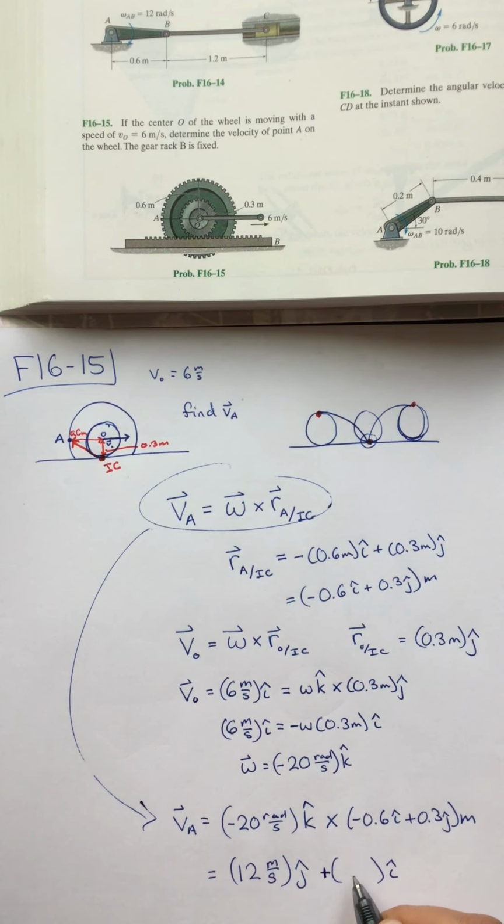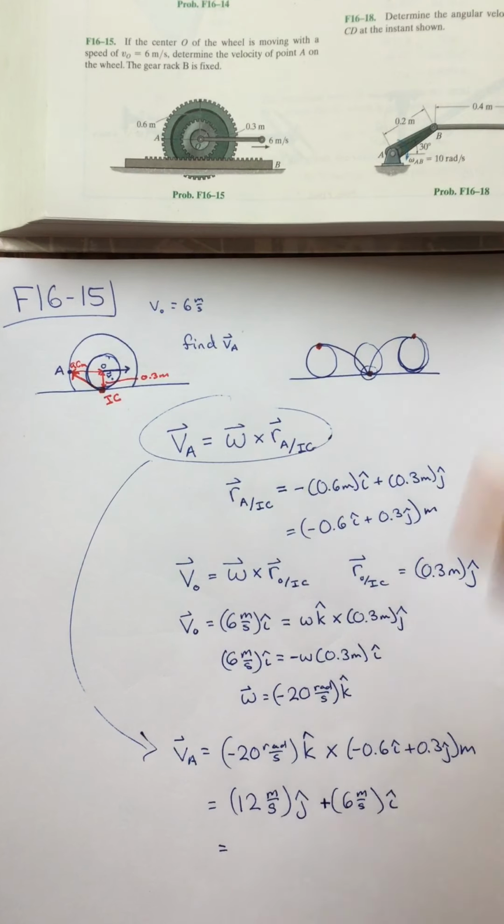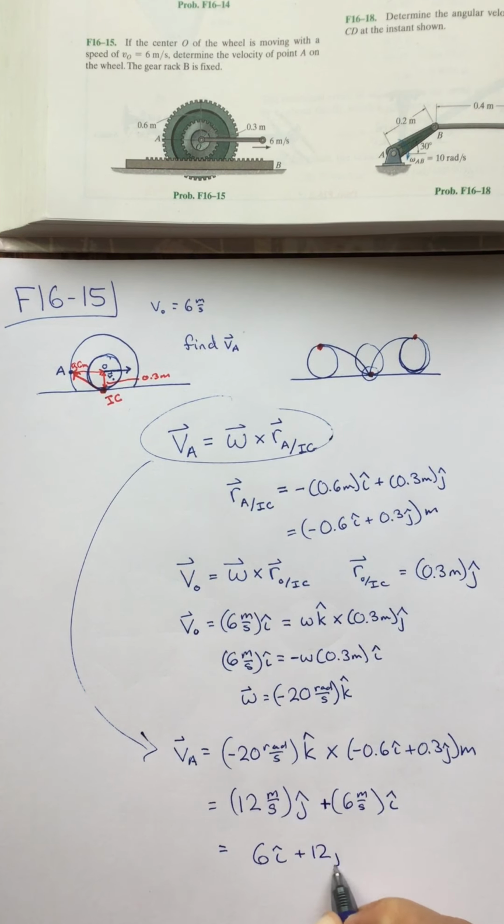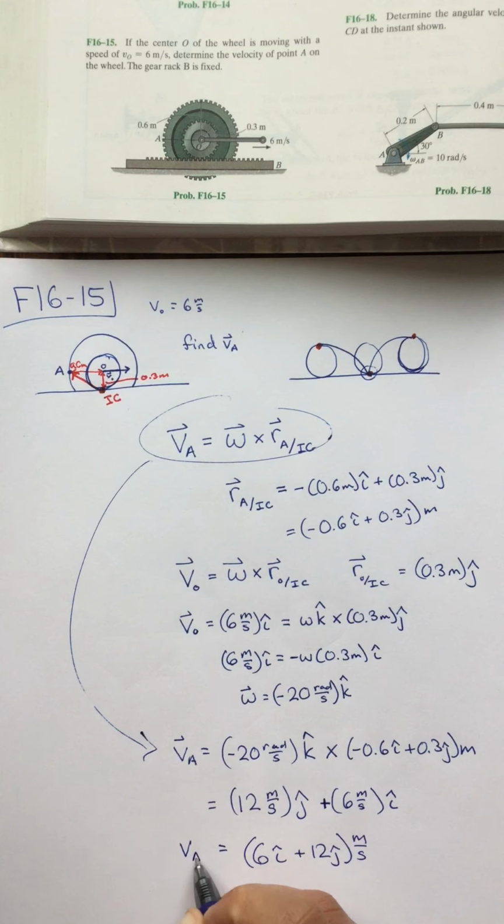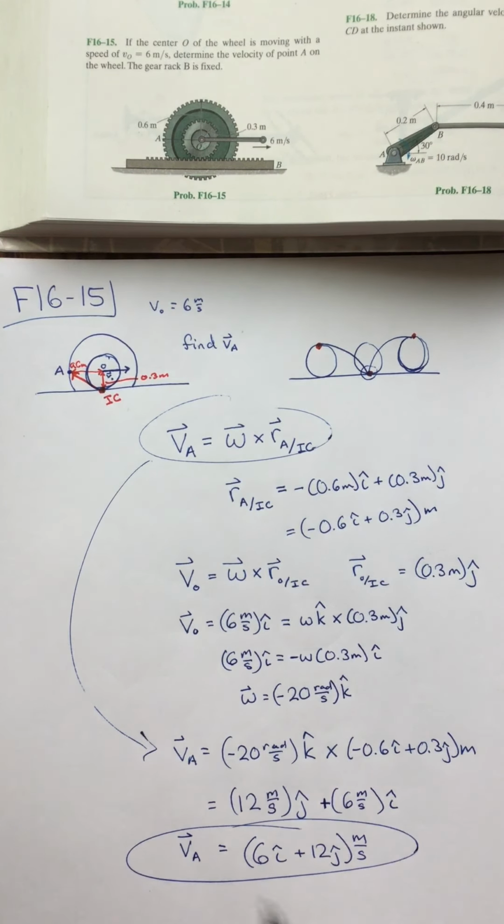So that makes this positive. 20 times 0.3 gives me 6, and this is meters per second. Let's write this as 6 I hat plus 12 j hat meters per second, and this is the velocity of A. So that concludes fundamental problem 15.